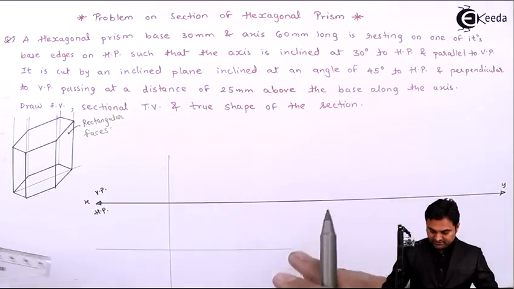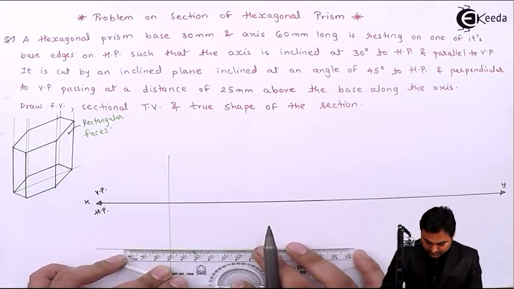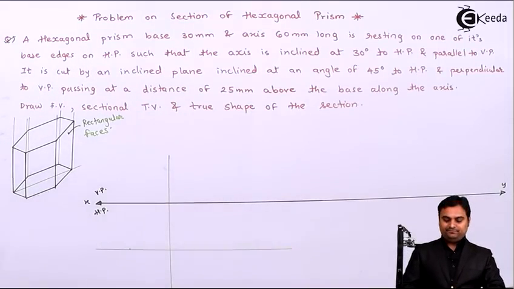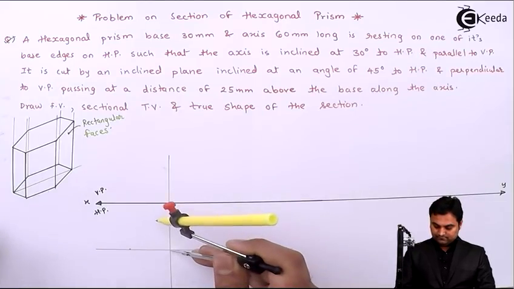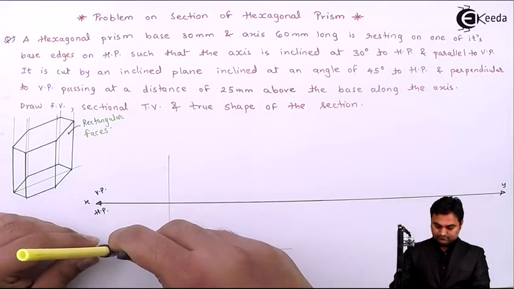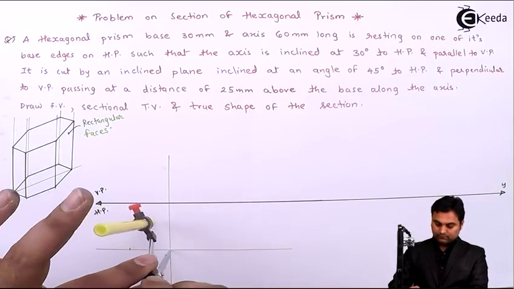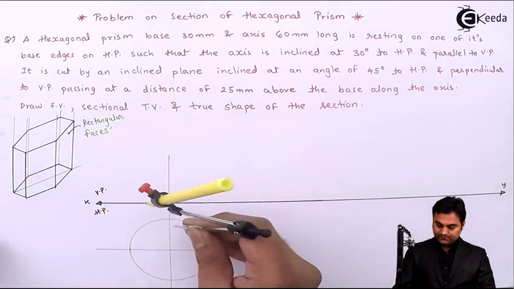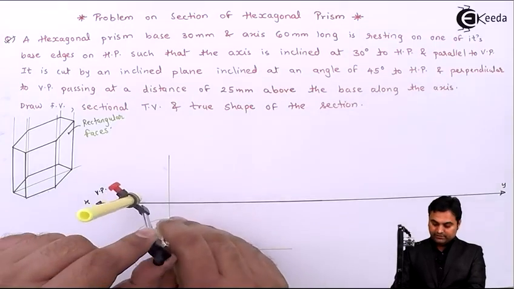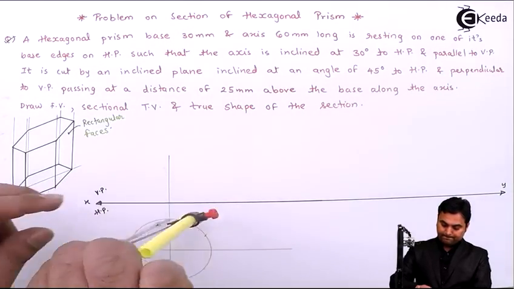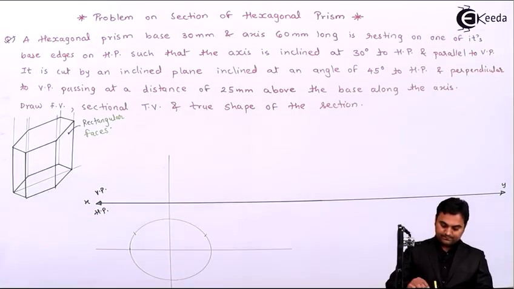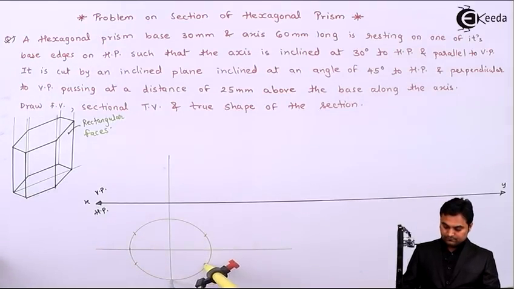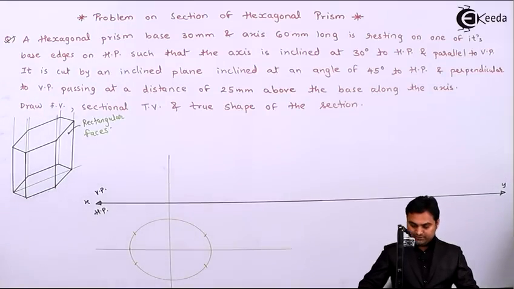Since 30 mm side is given, I'll mark 30 mm on this side from the center, taking that as the radius. Drawing a light circle. Next, it is resting on an edge. So on the right hand side I should get an edge, so marking the points accordingly. Then connecting these points with the help of light lines.